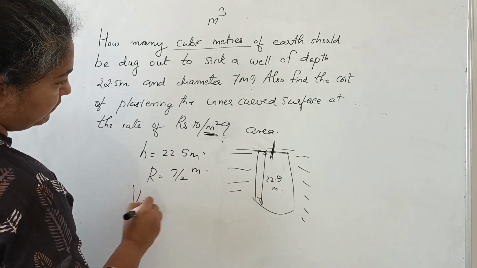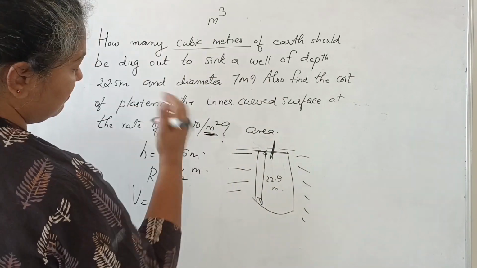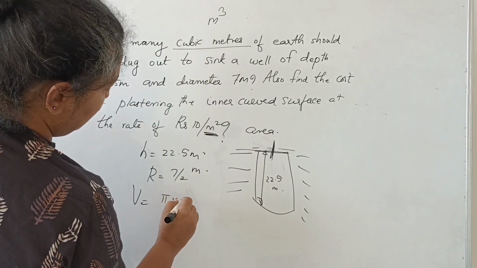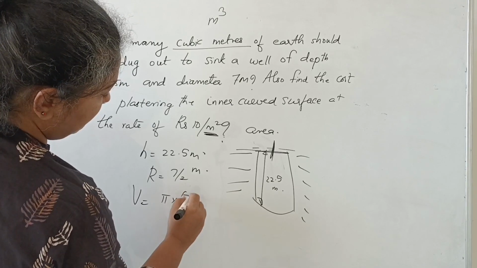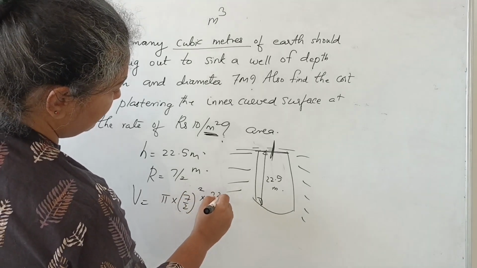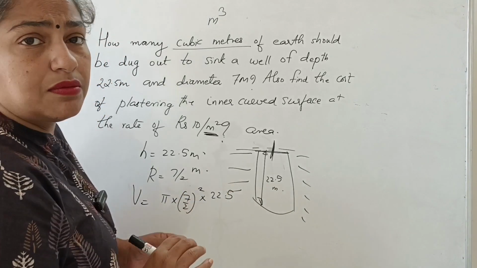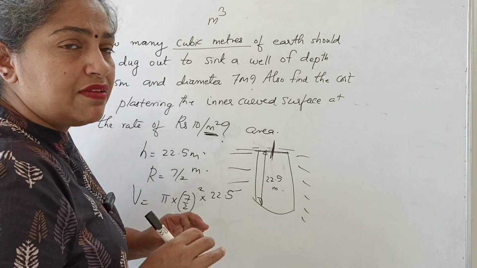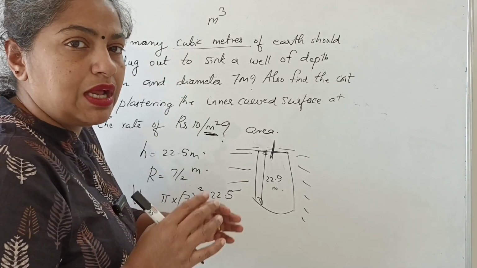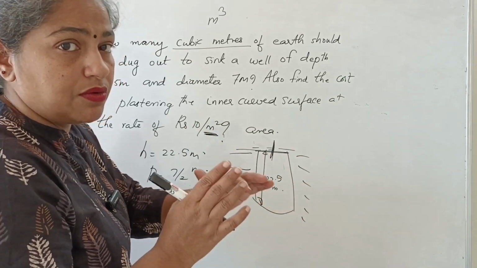So what is the volume of the soil that is taken out? It is pi into r square into h. Now guys, please write the formula always, every single time you do a sum, because the formula or mention of the formula carries marks. Okay.